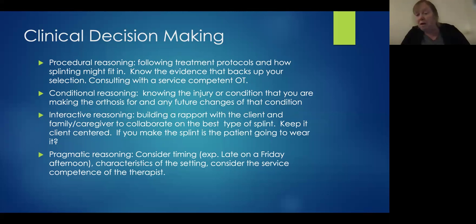That's when you need to contact the doctor and say, listen, this is what the patient reported to me. Is there a possibility we could try this type of orthosis during the day when they're out in public? Because the bottom line is you want to keep it client-centered. You want to make an orthosis that the patient is going to wear. The last thing you want to do is make an orthosis and the patient tells you they're not going to wear it.